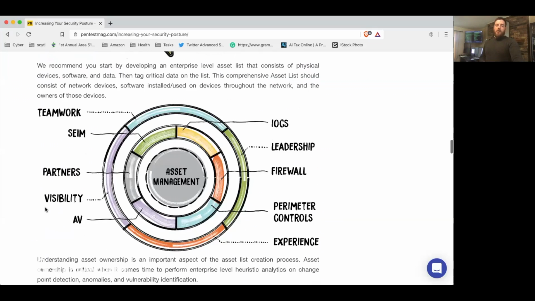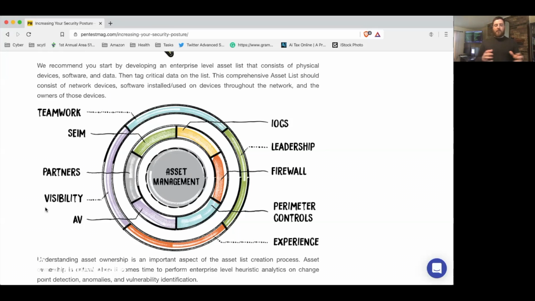So I always recommend starting with an asset management plan, or asset management program or process, whatever you want to call it. That really is you going through your environment, identifying your core elements and pieces, whether that be what might be your confidential or proprietary information, your PII or information about your employees, or PII information about your clients.